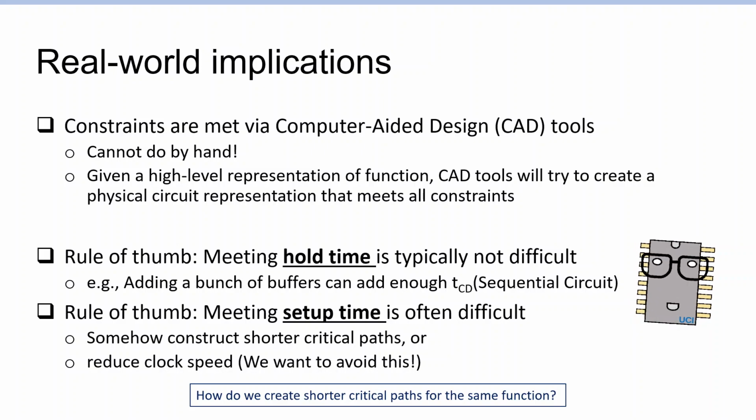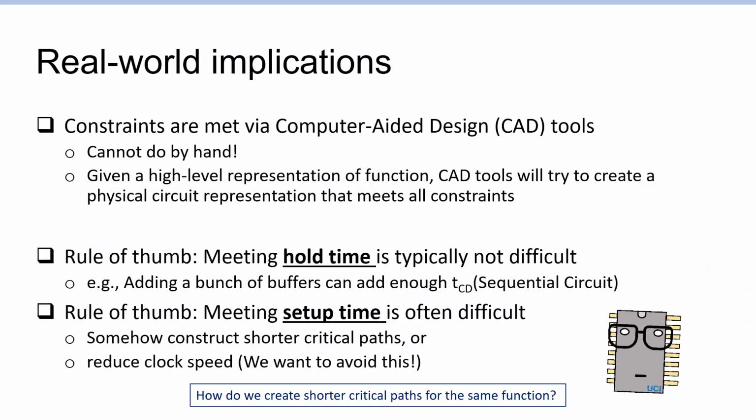The hold time constraint, as a reminder, is that the input to a particular state element should not change too fast. If the input is changing too fast, typically adding a bunch of buffers, which you can easily build by putting two inverters together, can add enough contamination delay to a sequential circuit so that we really meet the hold time.